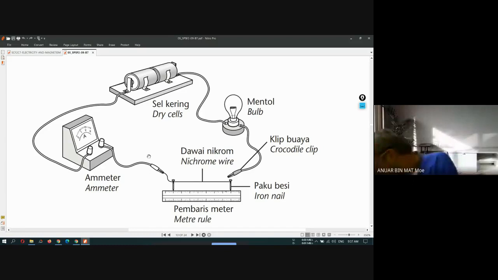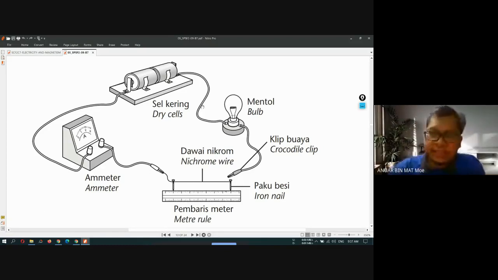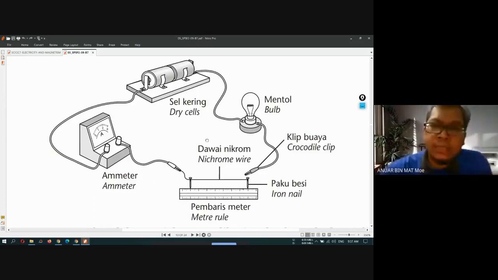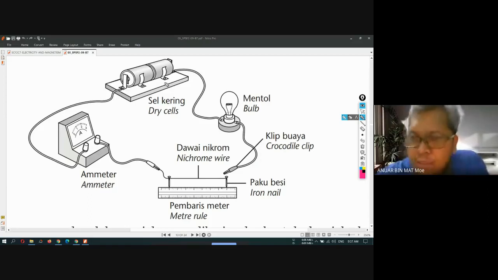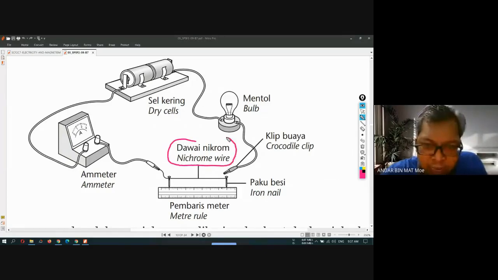Okay, what happened here? I hope you already understand the arrangement of these electrical components. We have here a dry cell, connected to the ammeter, and then the ammeter connected to the nichrome wire. This is the special apparatus we use in this activity.